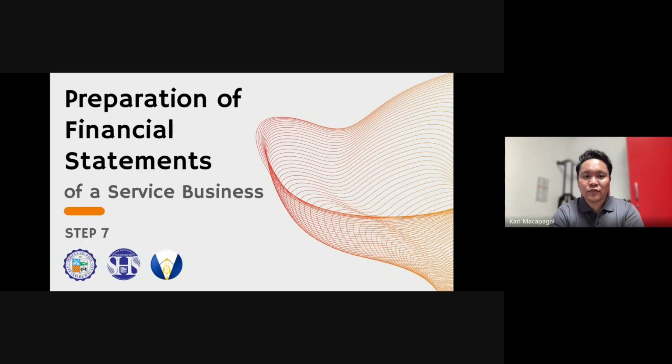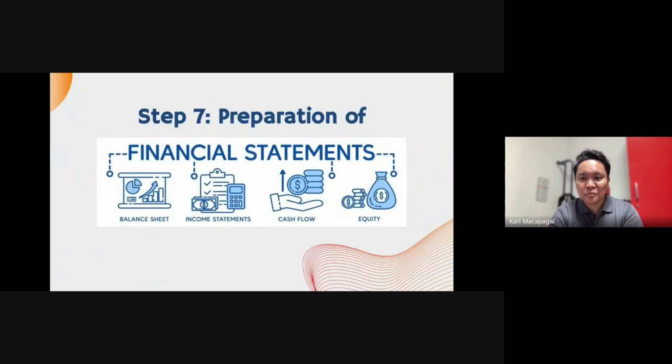Good day, everyone. For today's session, we will be discussing the preparation of financial statements of a service business. It is important that we review ourselves to the different financial statements in any business. We start with the income statement, followed by the statement of changes in equity, followed by the statement of cash flow and the balance sheet.